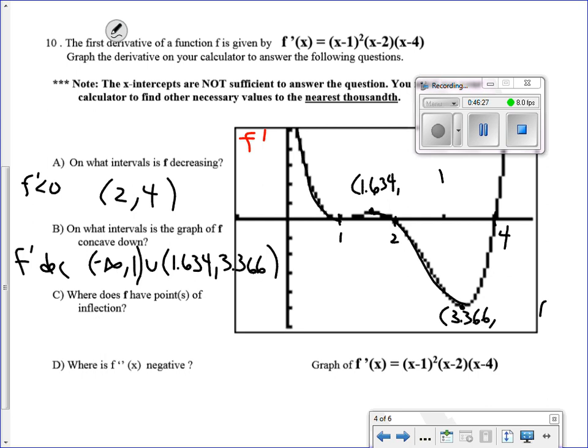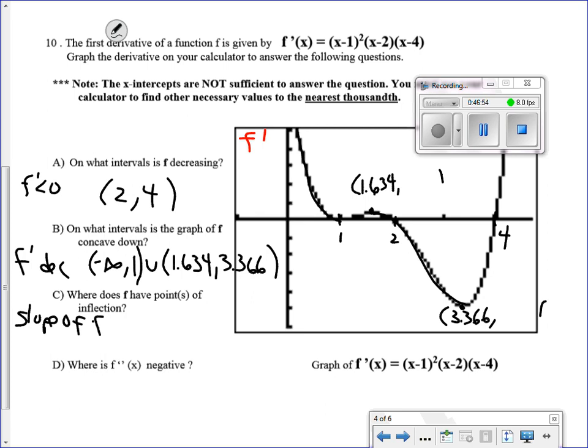Now, part C says, where does the function have points of inflection? That's when the second derivative changes sign, or the slope of the first derivative changes sign. So you're looking for a relative max or min of the first derivative, where its slope changes sign.